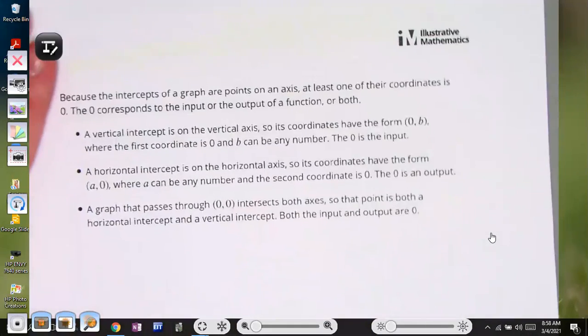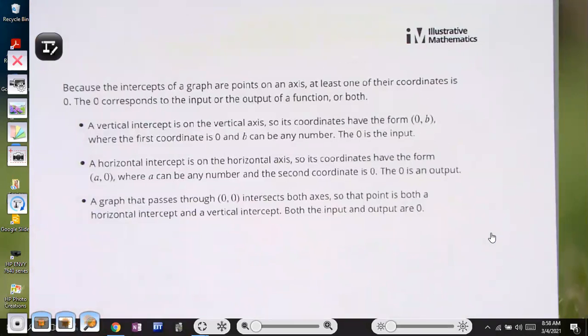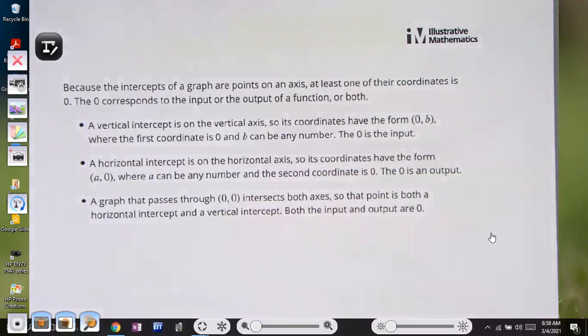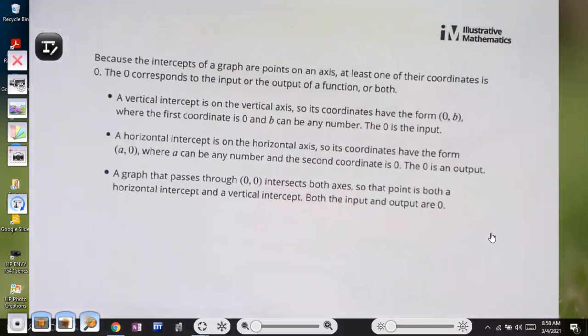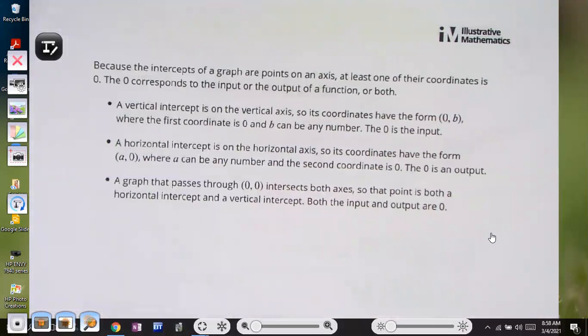Next. Because the intercepts of the graph are points on an axis, at least one of their coordinates is 0. The 0 corresponds to the input or the output of the function, or both. So basically, when you're talking about your vertical or your horizontal axis, 0 is going to be included because it's at the axis point.